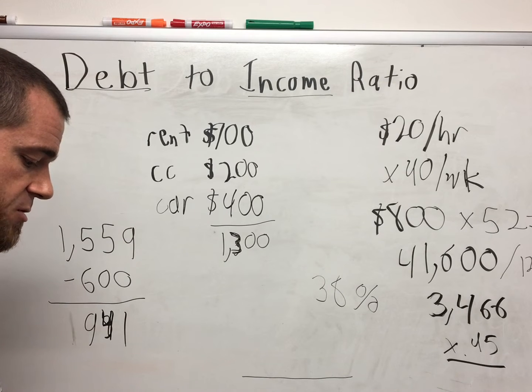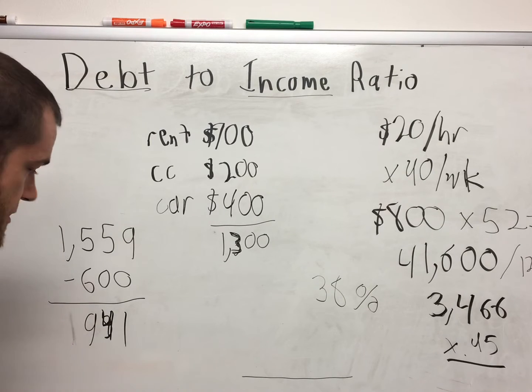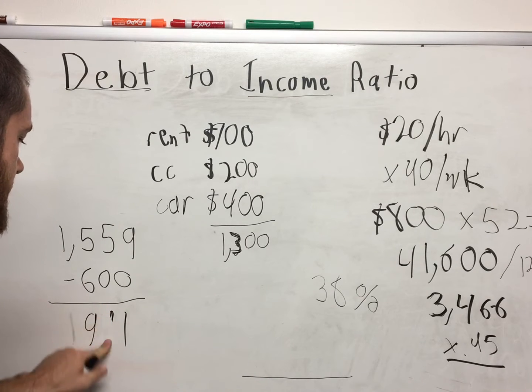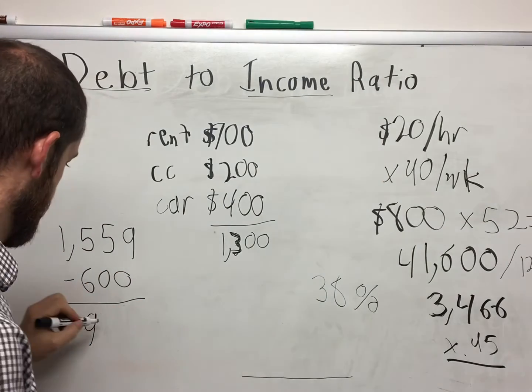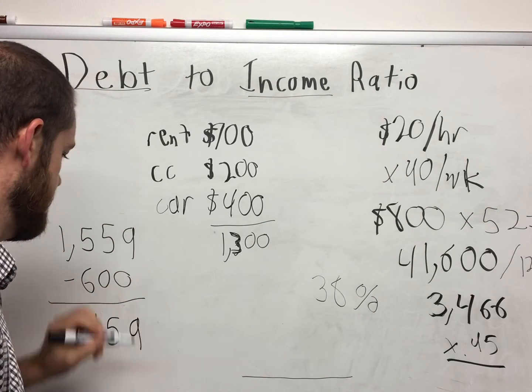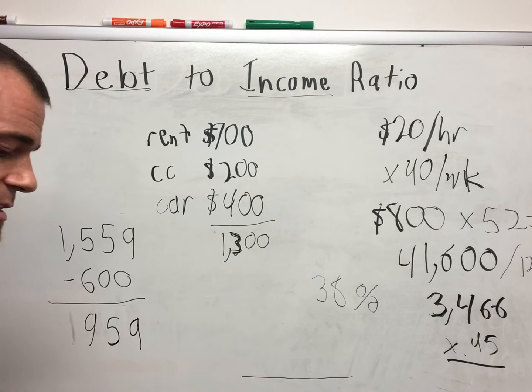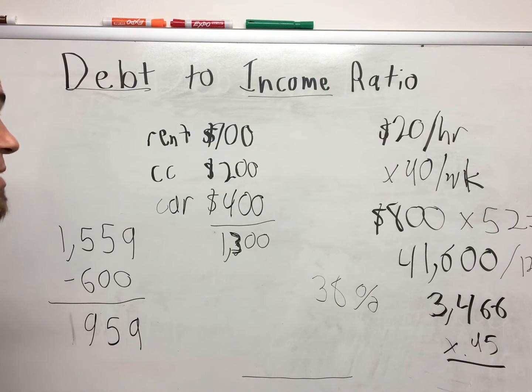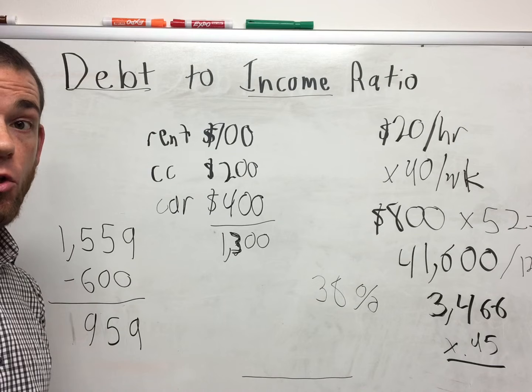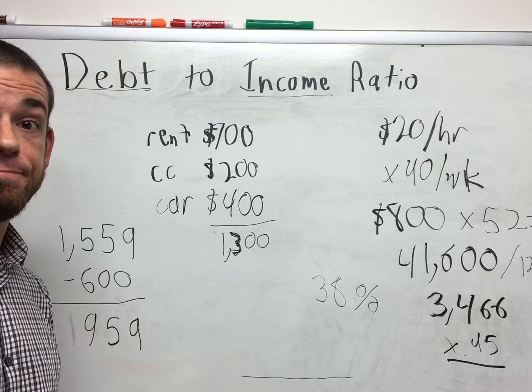Head math was never my strong suit. 1,559 minus 600. 959. See? Way off. Lesson learned. Use a calculator. 959. So that is the maximum mortgage payment that Joe could qualify for based on his income.